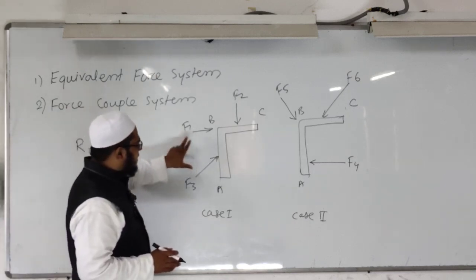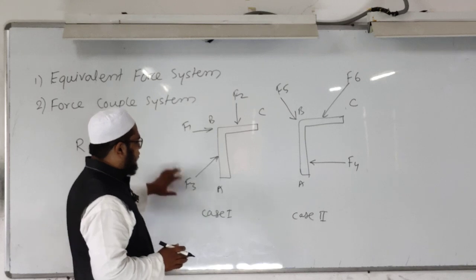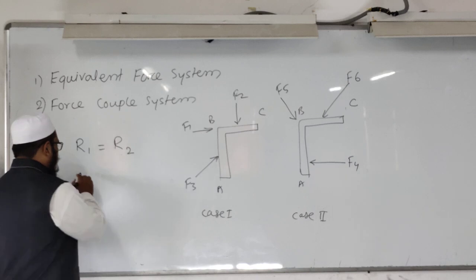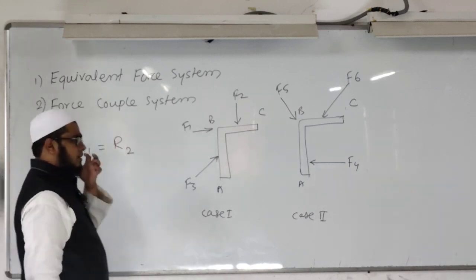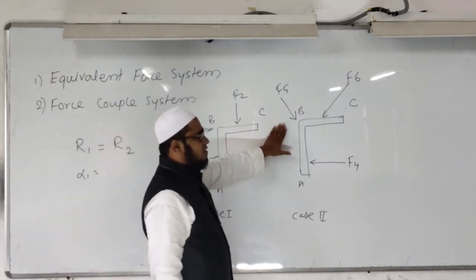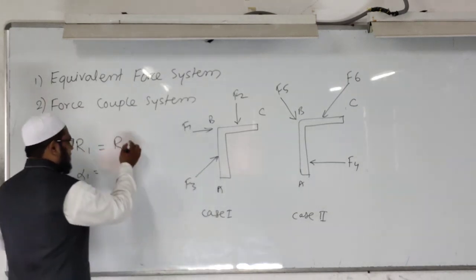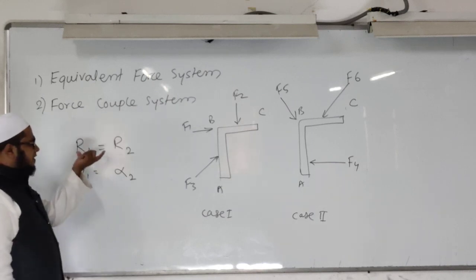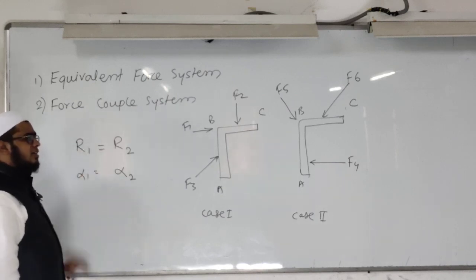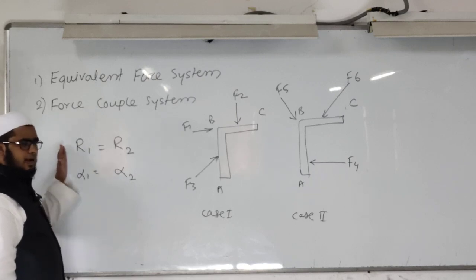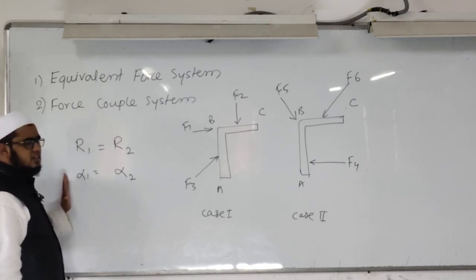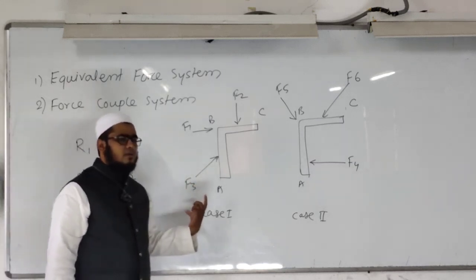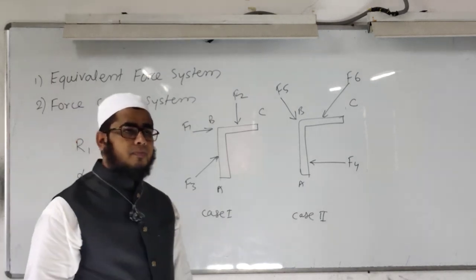Means if we calculate the resultant of this force system, assume it is R1 and its direction is alpha 1, and we calculate the resultant for case 2, assume the resultant is R2 and its direction is alpha 2. When the magnitude and direction of the resultant are the same, we consider both force systems equivalent to each other.